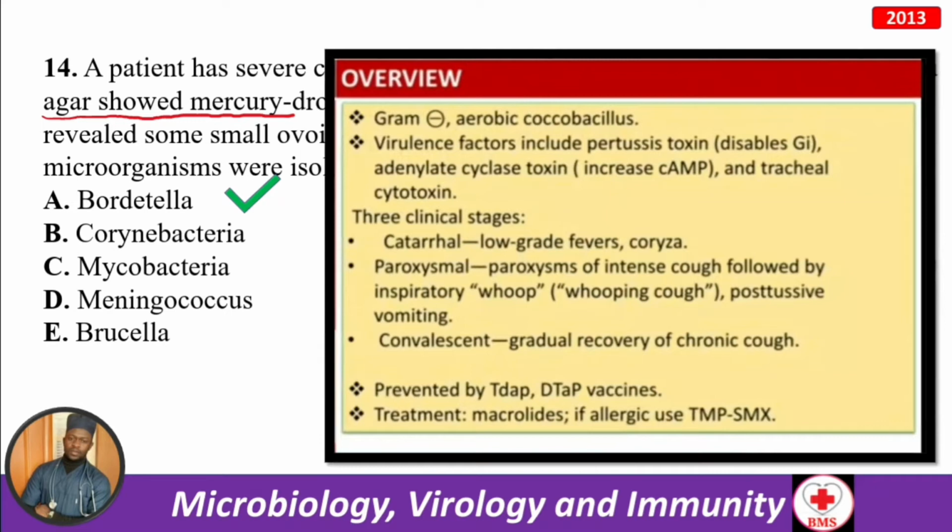Catarrhal stage, characterized by low-grade fever, coryza, and then the longest period is called paroxysmal, right, with paroxysms of intense cough followed by inspiratory whoop, right, and post-tussive vomiting. The last stage is convalescent stage, right? There will be gradual recovery of chronic cough, and we can prevent using Tdap and DTaP.